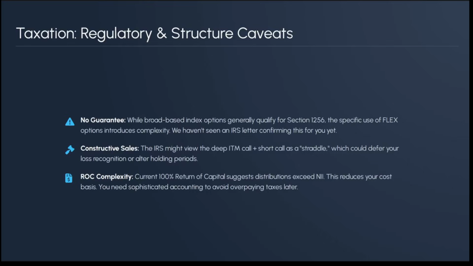So we have to be careful with that. There's nothing wrong with 100% return of capital. However, if you start seeing the NAV slip consistently, uncorrelated or not related to the underlying or to the stock market performance, then we should start worrying. That is a sign of NAV erosion.